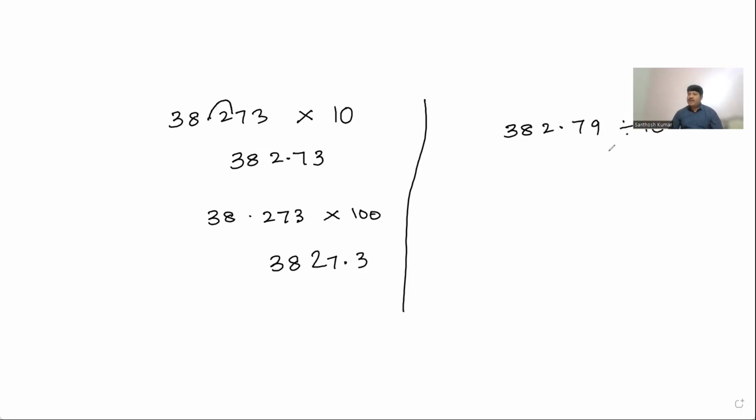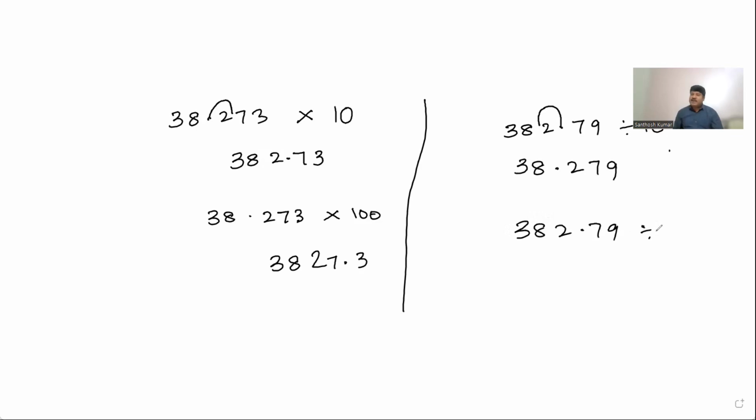As you are dividing this number by 10, and 10 contains one zero, you need to move the point towards the left side up to one digit only. See here, as I am doing division, I have to move the point towards the left side. As it contains one zero, it should move up to one digit only. So the point should come from here to here. So it will become 38.279.